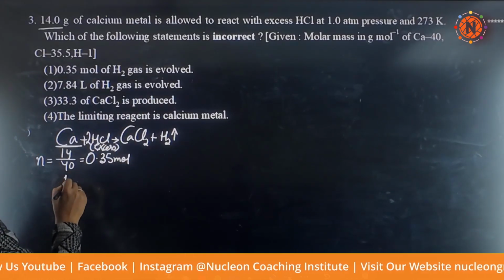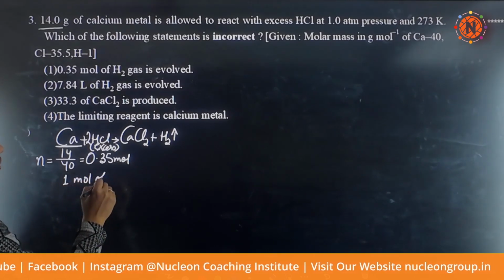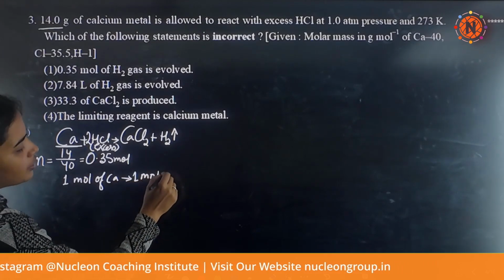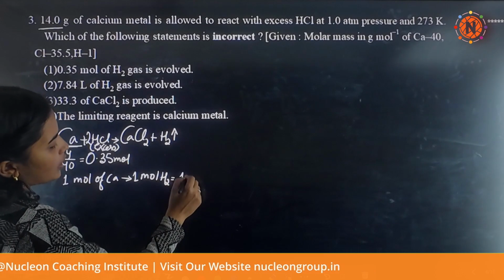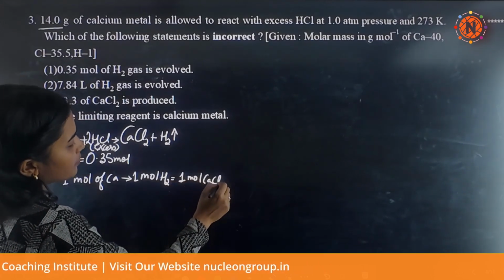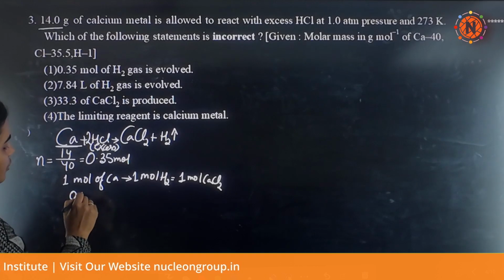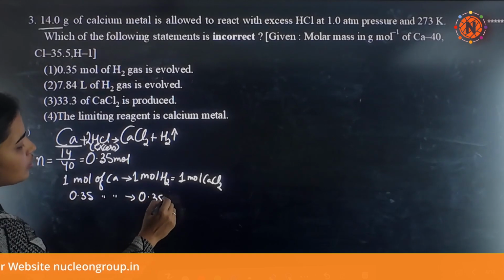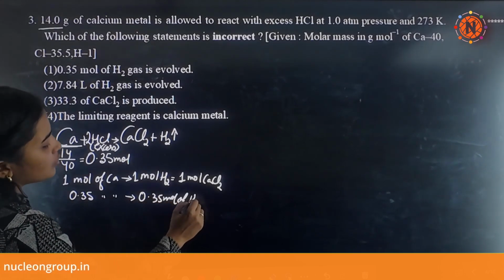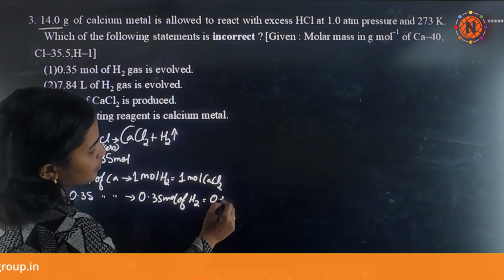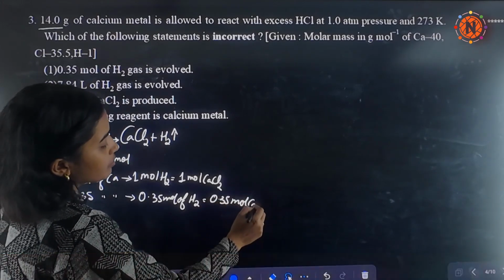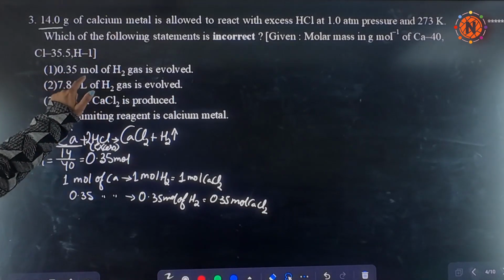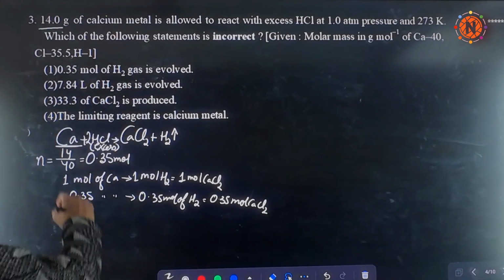If 1 mole of calcium gives 1 mole of hydrogen and also 1 mole of calcium chloride, then for 0.35 it will be the same, that is 0.35 mole of H2 and 0.35 mole of calcium chloride, right? So the first option, that 0.35 mole of H2 gas is evolved, is correct.